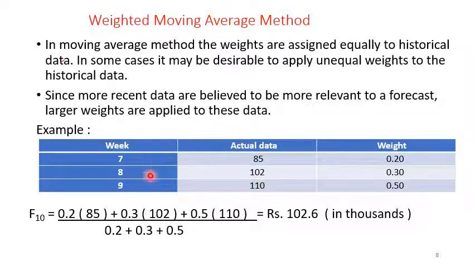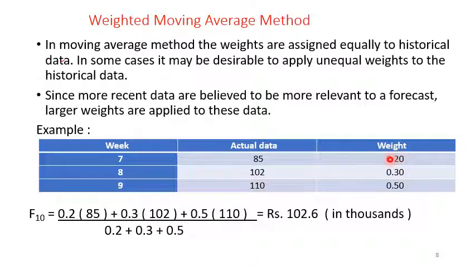Week 7, 8, 9 values are given, the actual data and the weightages are given. Since week 9 is the most recent, we have given a weightage of 0.5. The previous one is given 0.3, and the oldest is given the least weight, 0.2.